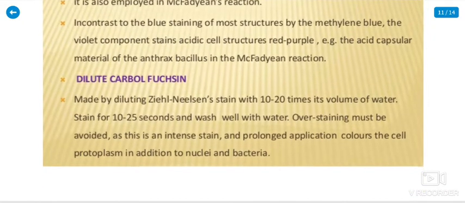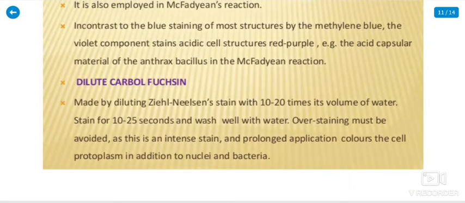The dilute carbol fuchsin method is made by diluting Ziehl-Neelsen stain with 10 to 20 times its volume of water. Stain for 10 to 25 seconds, then wash with water.